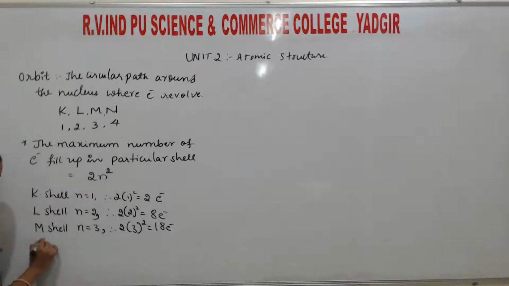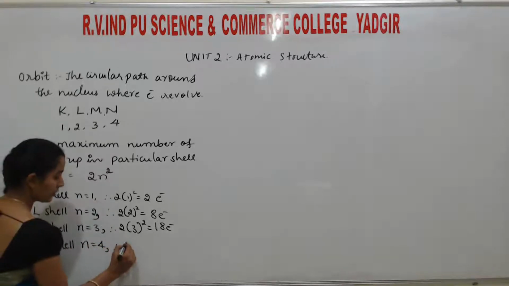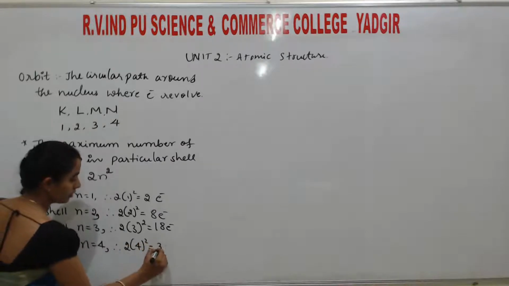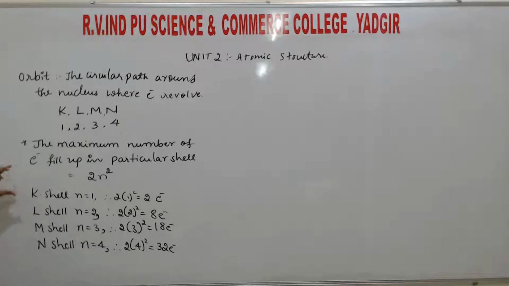Correct? Last, N shell, n is equal to 4, and 2 into 4 square is 32 electrons. Okay, students? KLMN shell, this is the orbit.